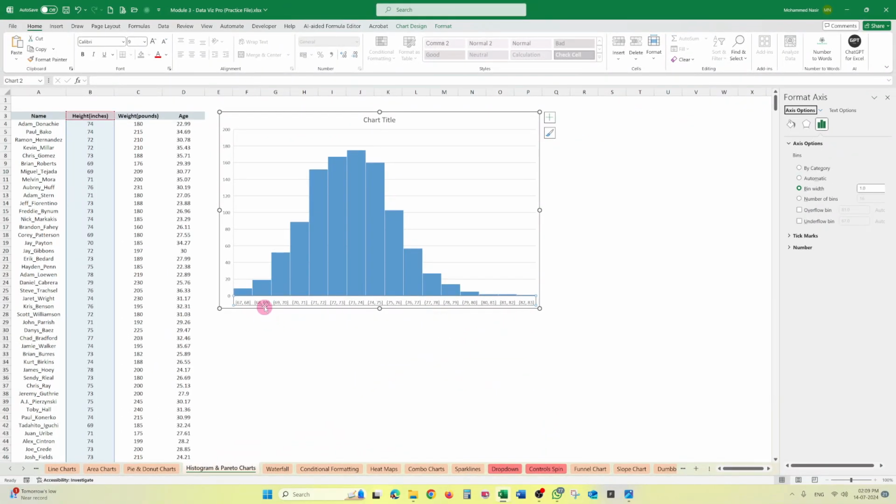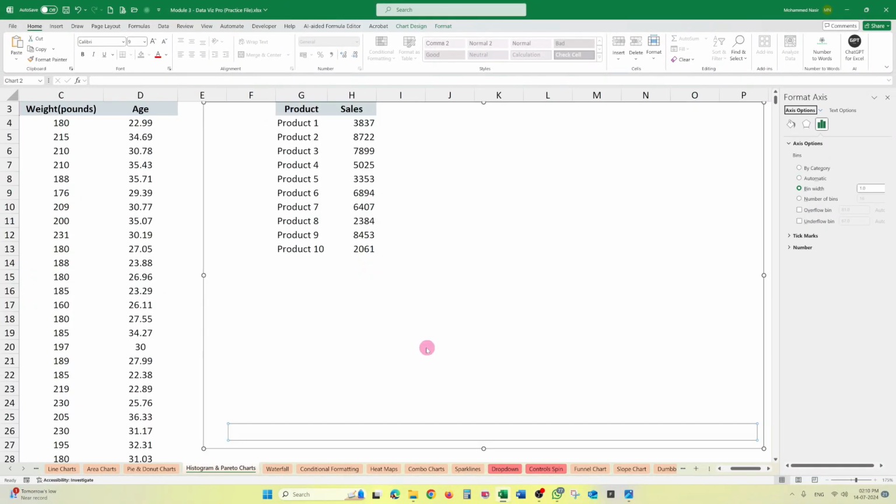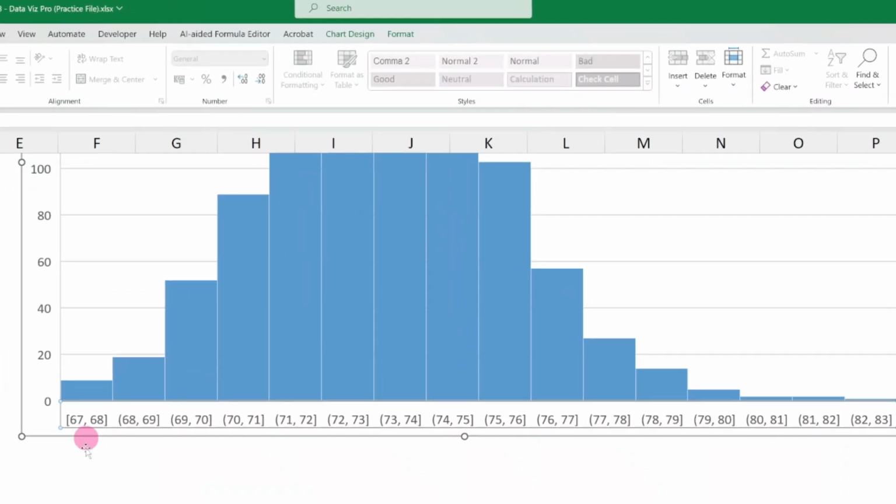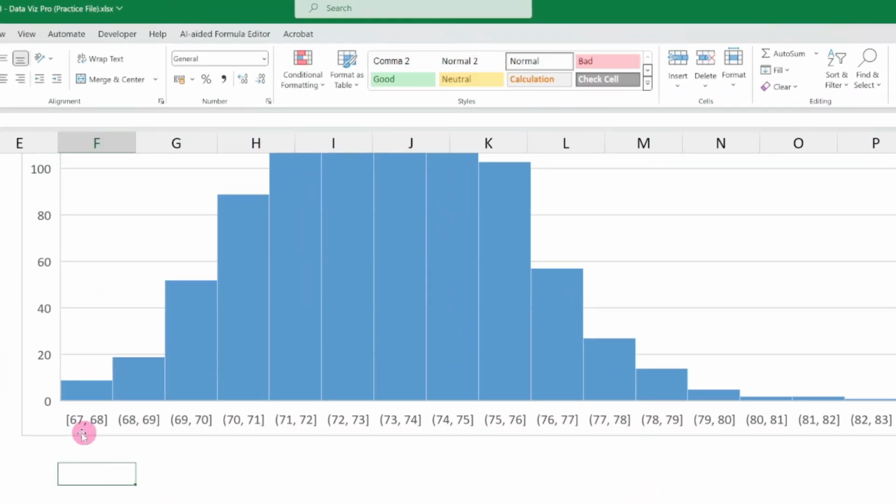But if you notice, let me zoom in a little bit, and see here, there are two kinds of bracket. One is called a square bracket, and the other one is called a round bracket.